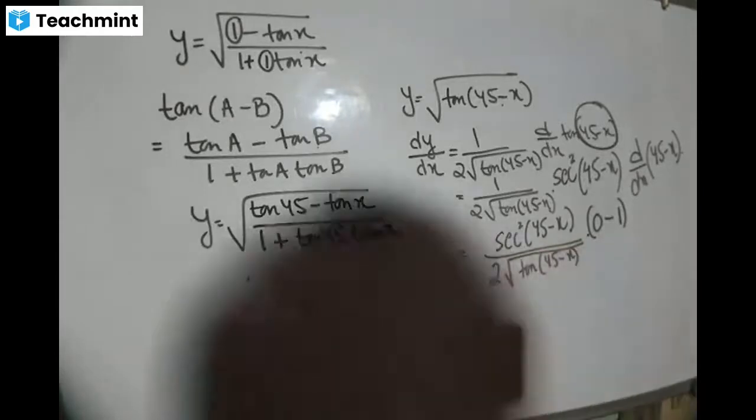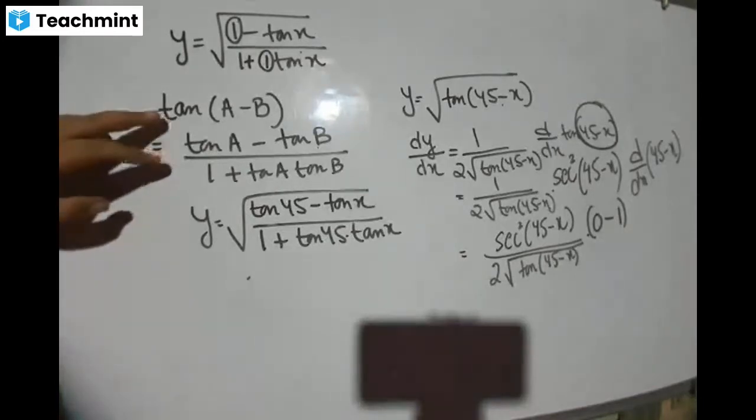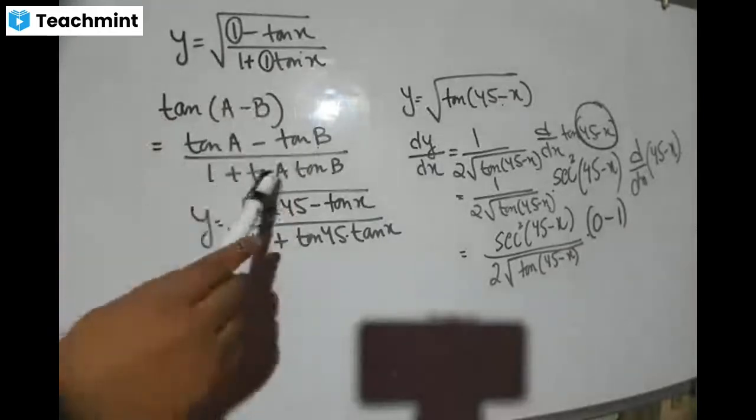Is that clear? So this was a very important question. In the previous case, you saw a conjugate involving cos. So 1 minus cos x and 1 plus cos x. So you know what you're supposed to do. And this is a conjugate involving tan, so you need to convert this into tan(a minus b). Once again, the formula for tan(a minus b) is tan a minus tan b divided by 1 plus tan a tan b.